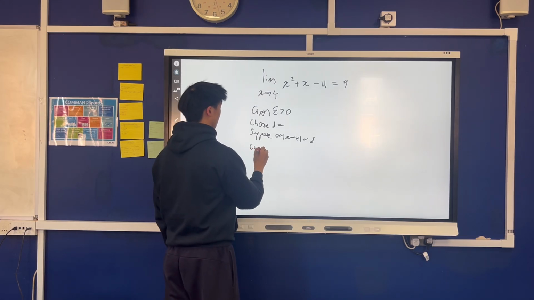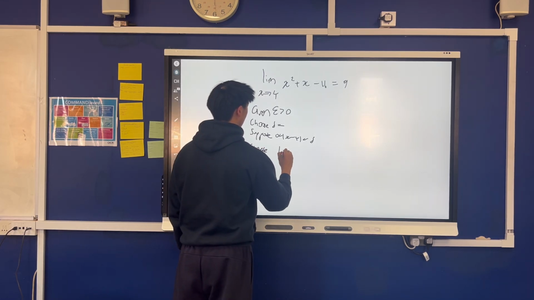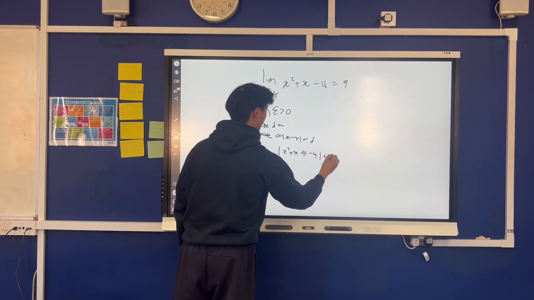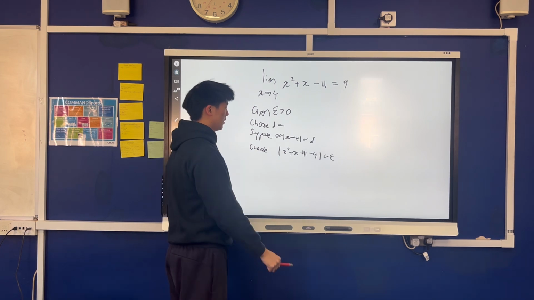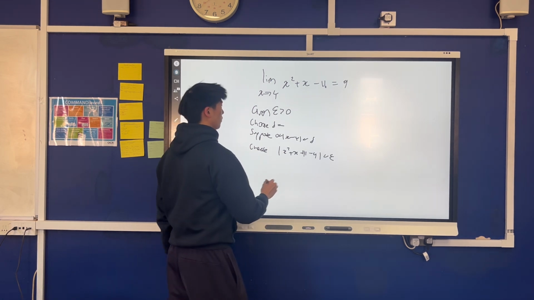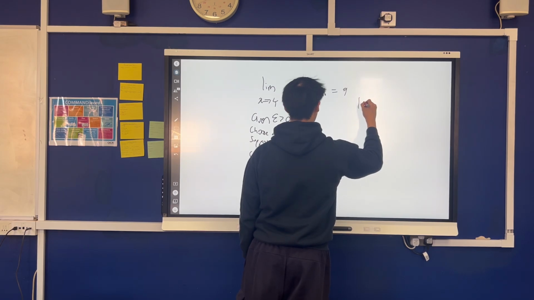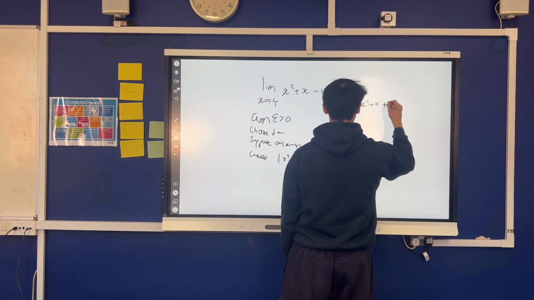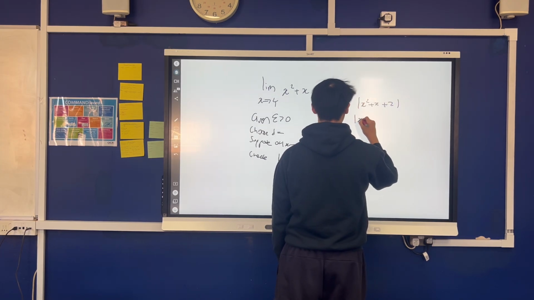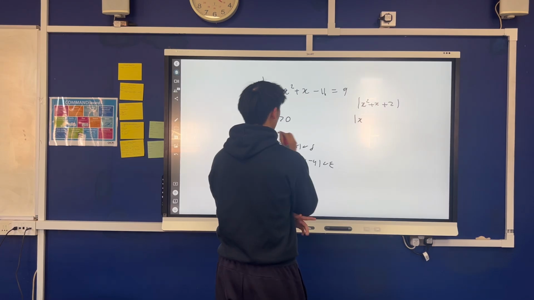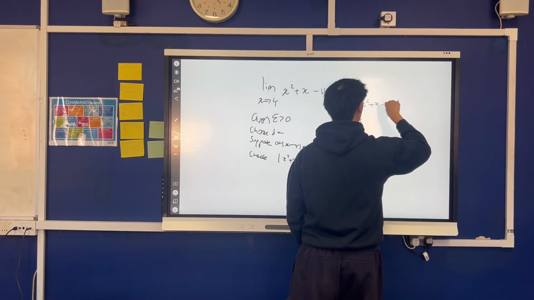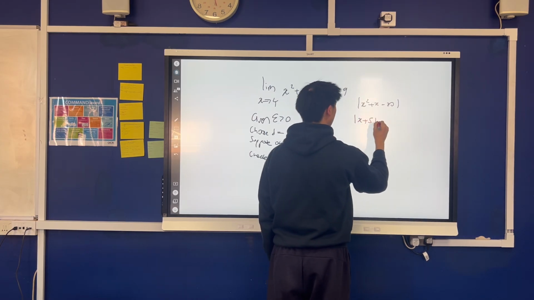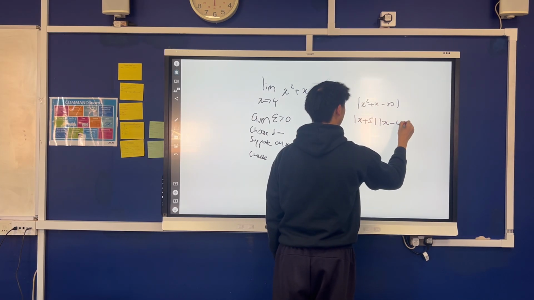Now we're going to check finally with, okay, so we should factorize this, right? x squared plus x minus 20. Now we have x plus 5 and x minus 4.